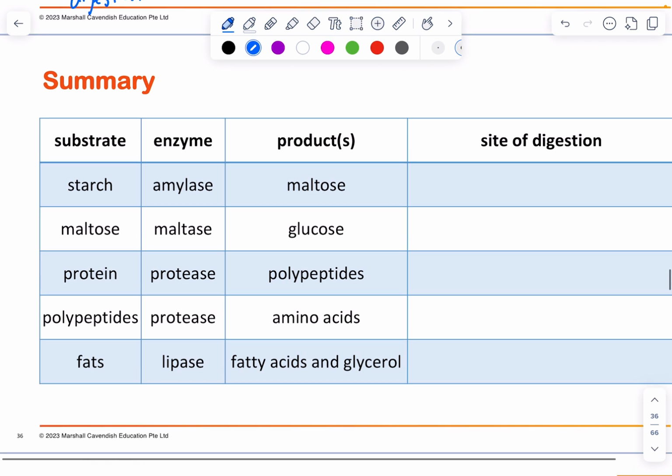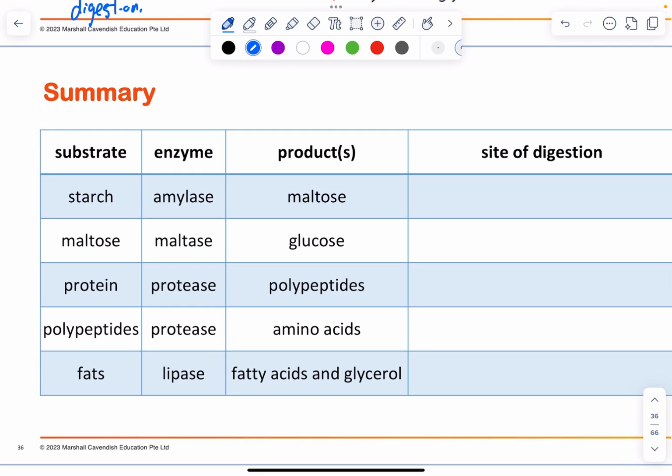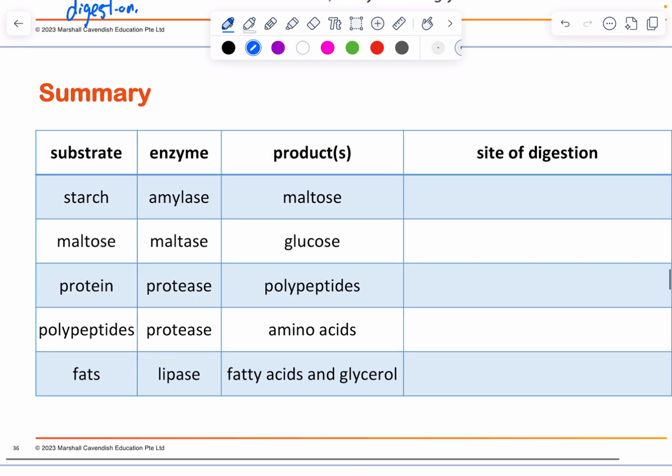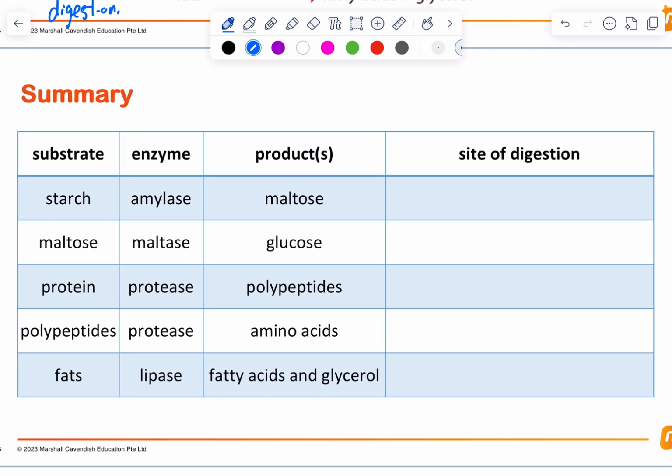Okay, so in a nutshell and summary, starch is digested in the mouth and also in the small intestine. The enzyme in the mouth is salivary amylase. The enzyme in the small intestine is pancreatic amylase. For maltose, it only happens in the small intestine.